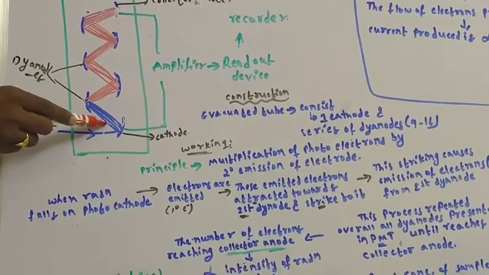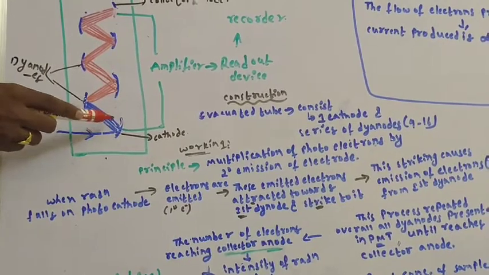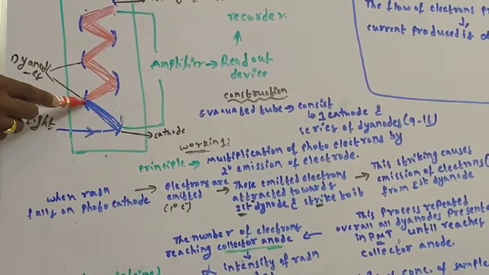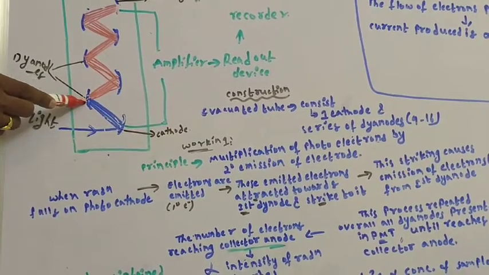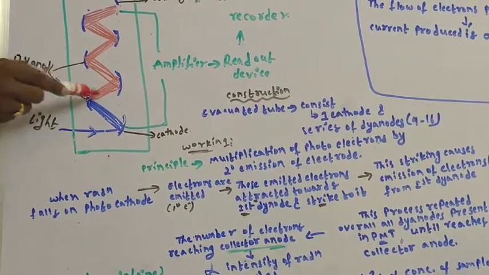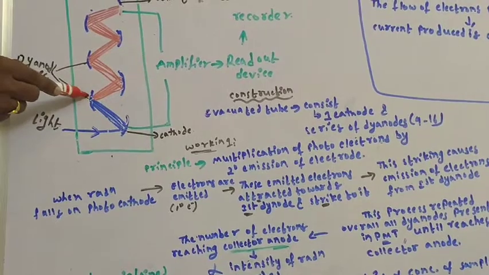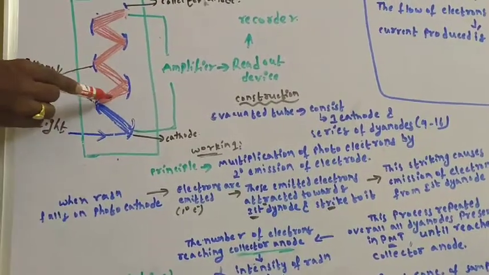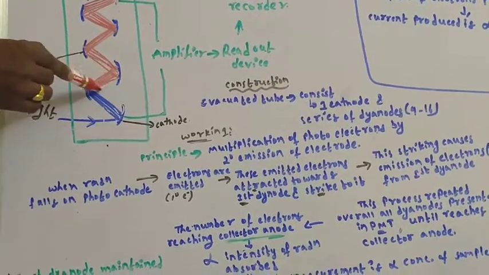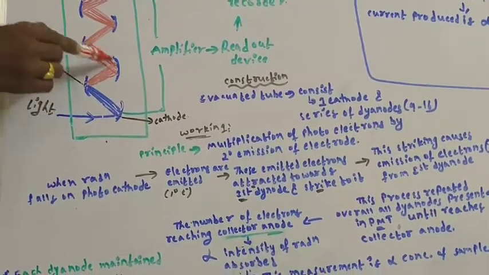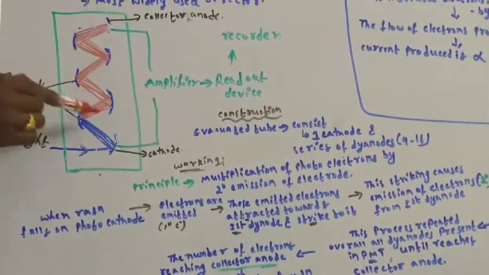These are known as primary electrons. The primary electrons move towards the first dynode. After they strike this dynode, some more electrons are produced from the first dynode. These are known as secondary electrons, and due to them, some more electrons will be generated in the photomultiplier tube.